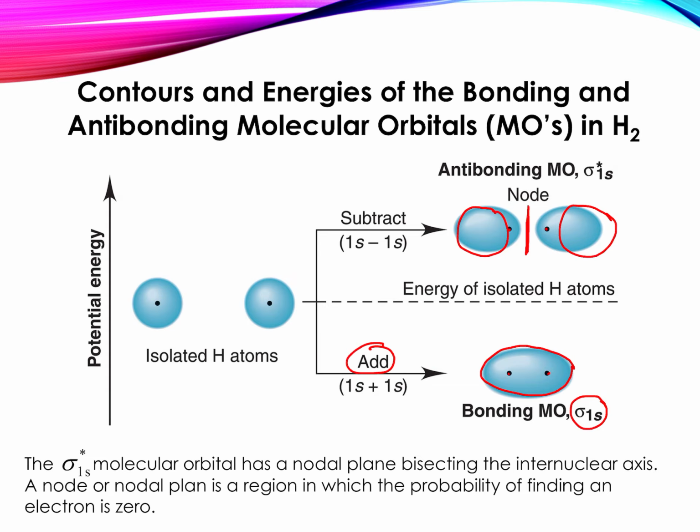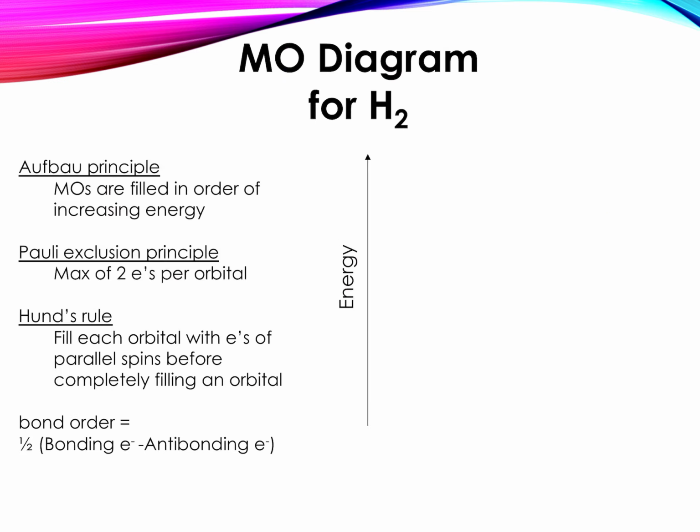Our isolated hydrogen atoms are going to be a circle with just a dot in the middle showing the nuclei. When we have the bonding molecular orbital, we are showing that the electrons can exist between the nuclei, and the antibonding, the sigma star 1s, is showing that nodal plane where the electrons can't exist between the 2 atoms. So be able to draw these.